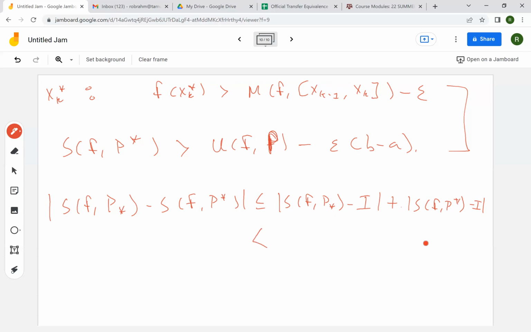So by the definition of Riemann integrability, this is less than epsilon and that is less than epsilon. So altogether, this is less than 2 epsilon.